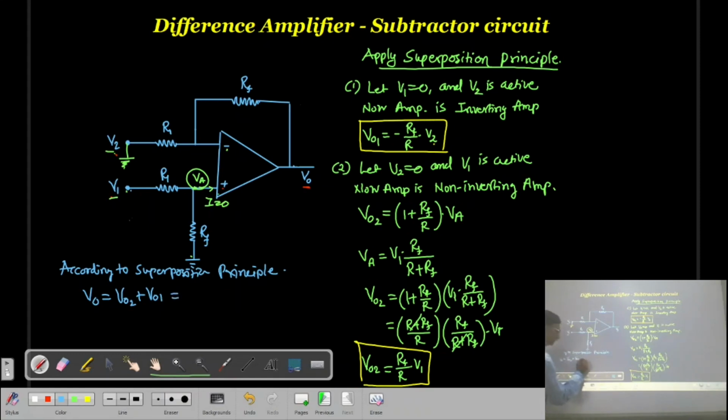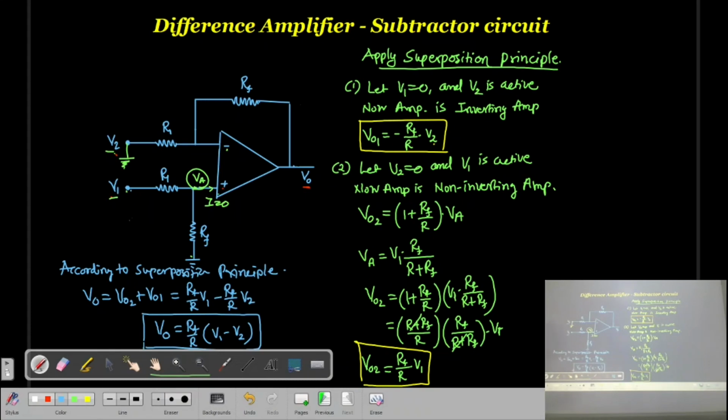And this is equal to Rf by R into V1 minus Rf by R into V2. And therefore, this is Rf by R into V1 minus V2. Output voltage of the difference amplifier is given by this formula.